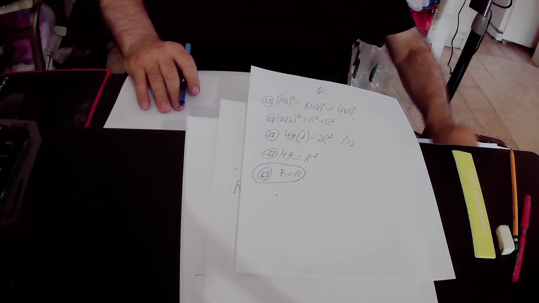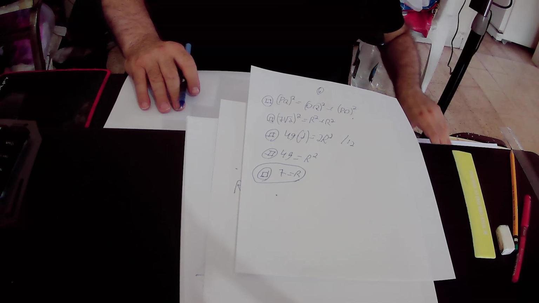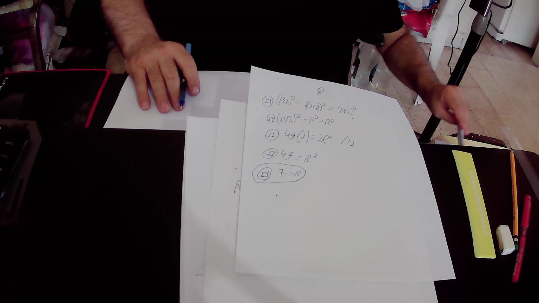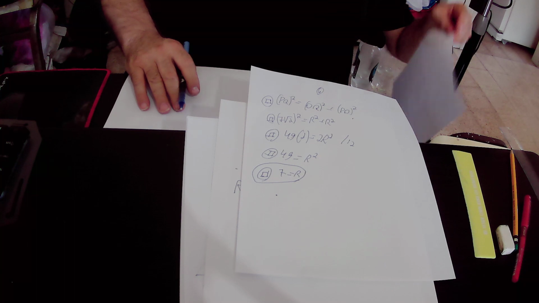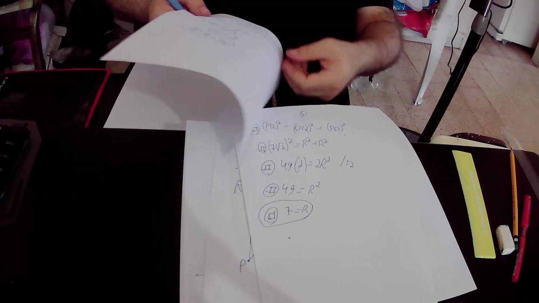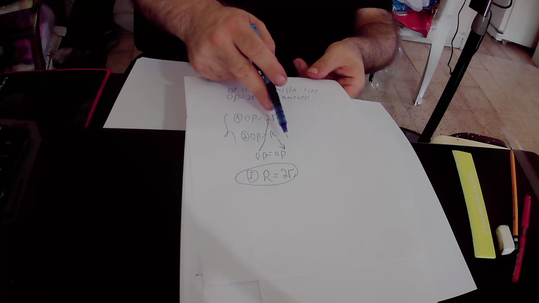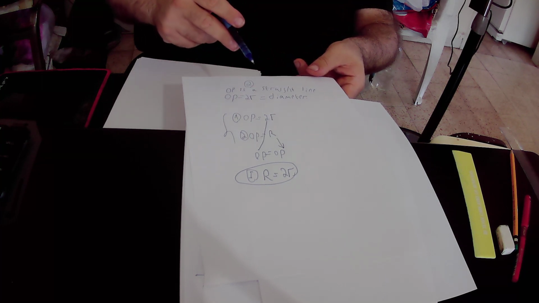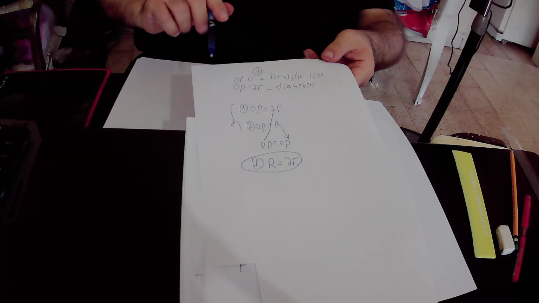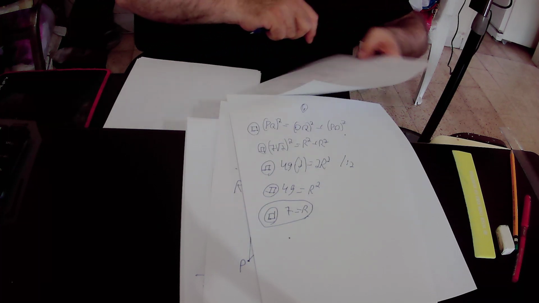But according to equation number 1, we know that capital R equals 2 times small r. So we write equation number 1 again here.